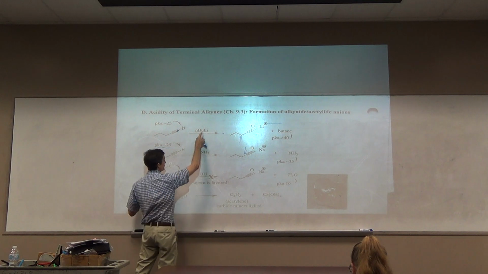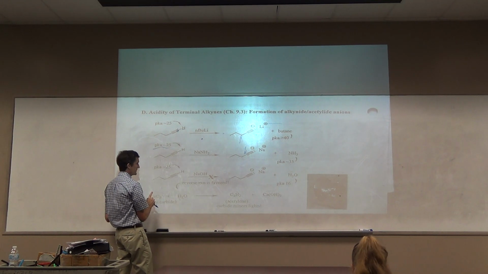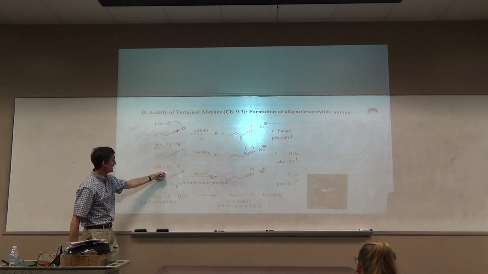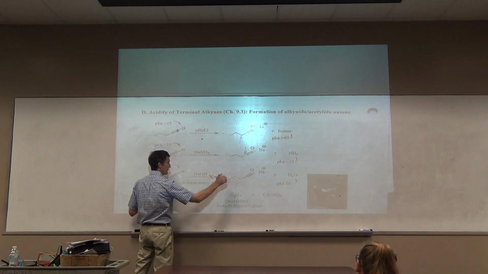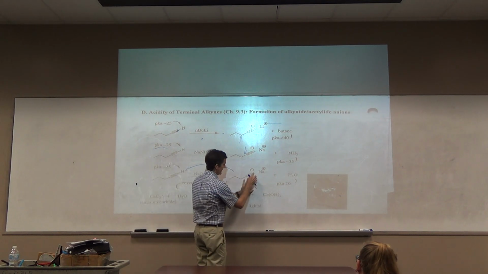But you have to use a strong base. Hydroxide won't work. And then we can look at equilibrium. Which side's favored, 25 or 16? Well, the weaker acid, this side's favored. So it's not going to go that way. It's actually coming this way. That is, if you take, what do you want to call this anion? An acetylide anion.